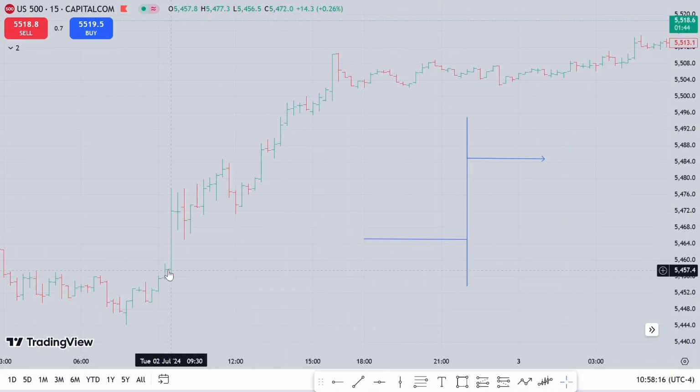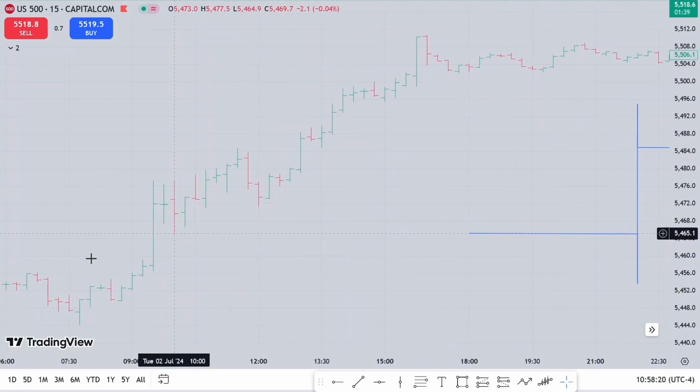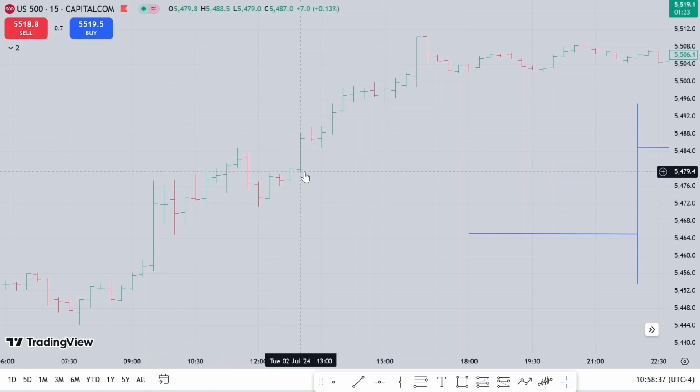So every green candle has an opening price, then it makes a low, then you have an expansion leg higher, then price makes a close. So this is how the bar chart is being interpreted.